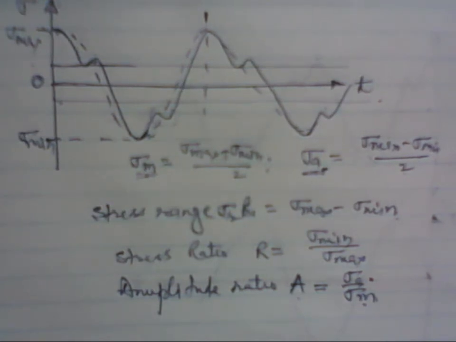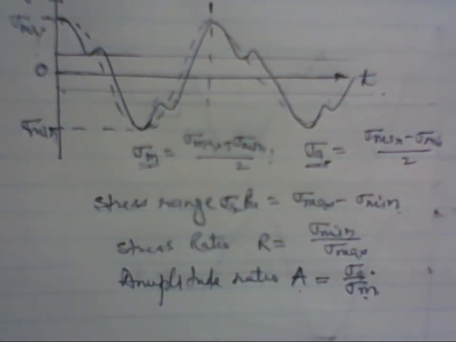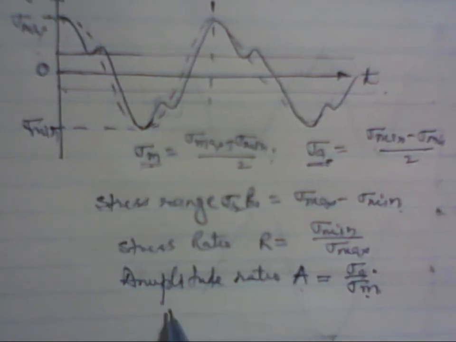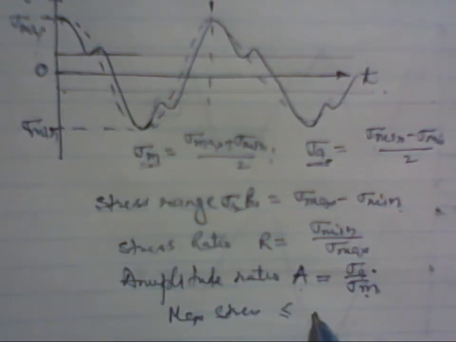Now let us see what is the harm of fluctuating stress and why it is so important to design differently for fluctuating stress as against static stresses, where we design a number of components using a simple design equation: that maximum stress should be less than or equal to design stress.